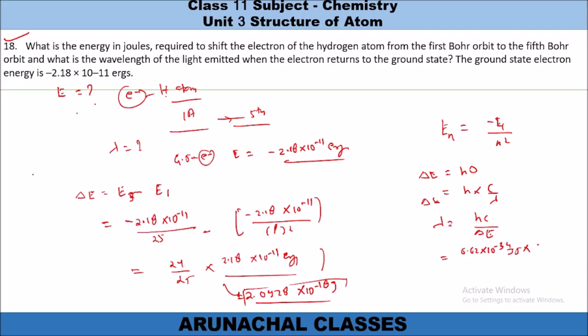C's value is given as 3 into 10 power 8 meter per second, divided by the delta E value, 2.0928 multiply with 10 power minus 18 joule. When we solve this one, we get 949.8 angstrom. In this way we will solve this question.